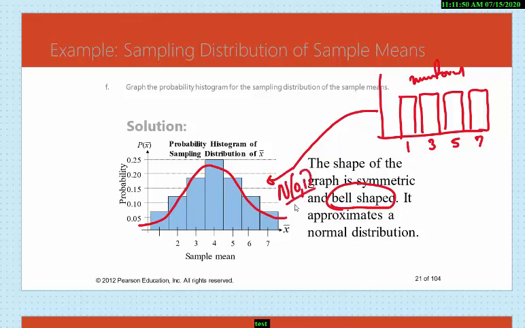And it's normally distributed right here, as you can see, with the sampling mean that is 4, and we calculated the standard deviation to be 1.581, okay?